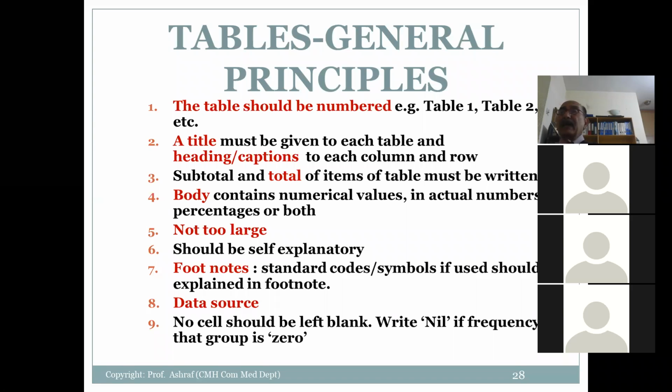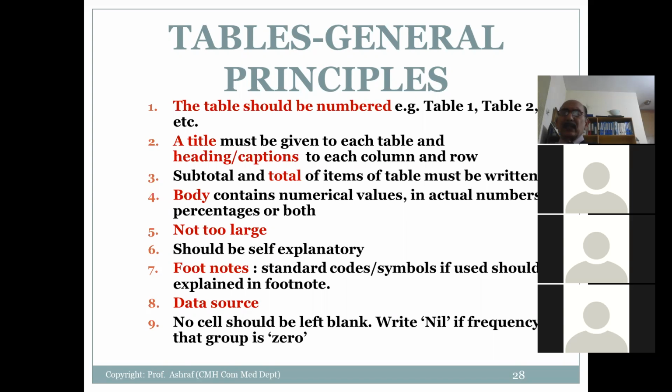The tables should be numbered, table 1, table 2, consecutively in your research articles, and a title must be given to each table, and you must also give a heading and caption to each column and row. Subtotal and total of items of the table must be given. The body contains numerical values in actual numbers, percentages, or both. The table should not be too large. Too much data should not be given in a table.